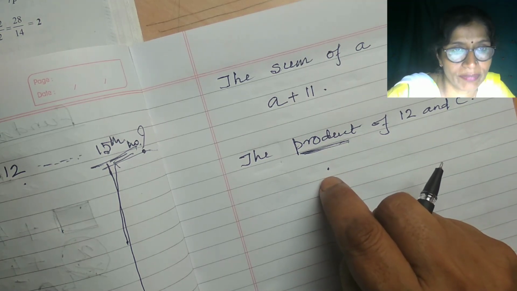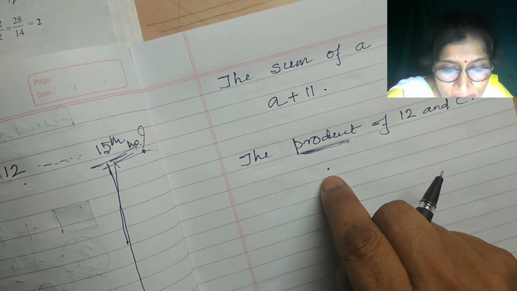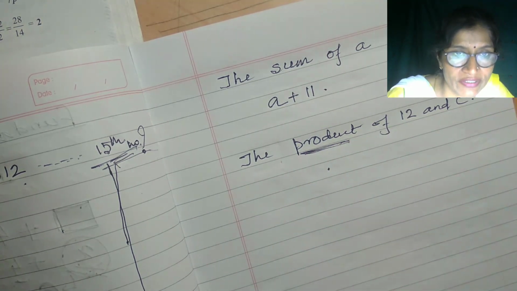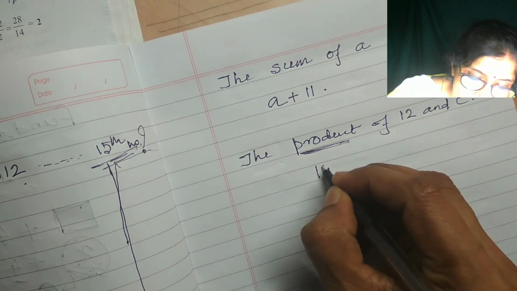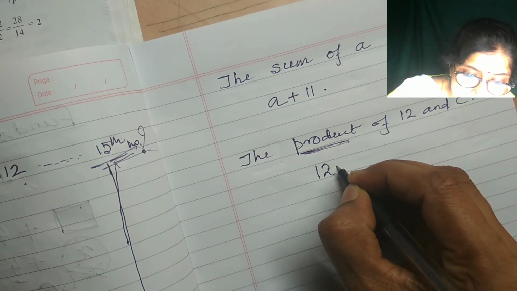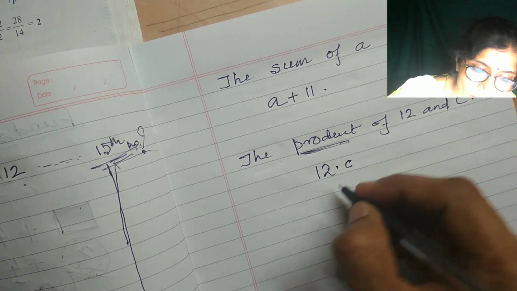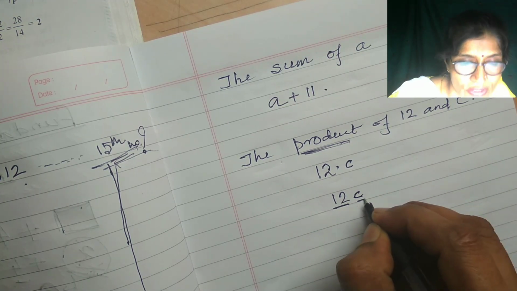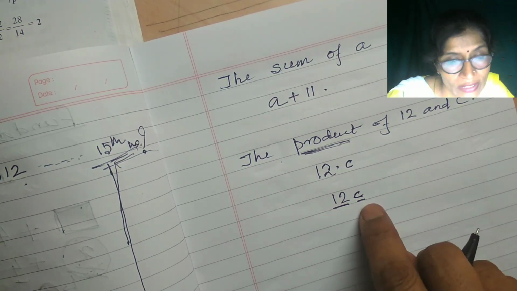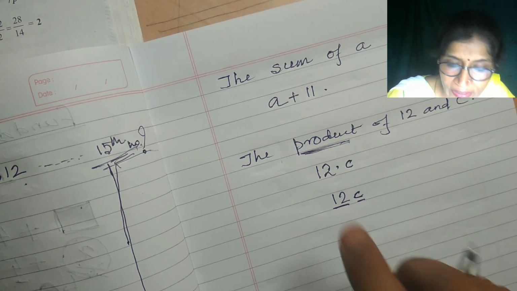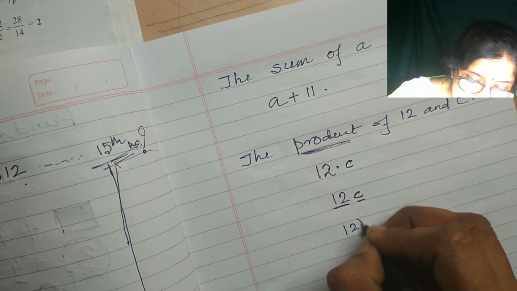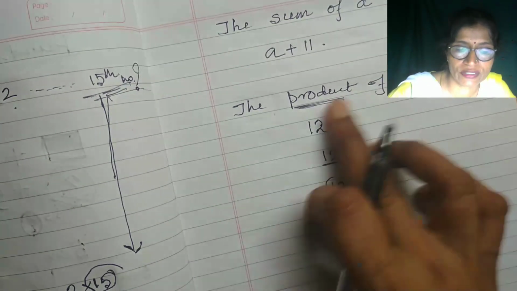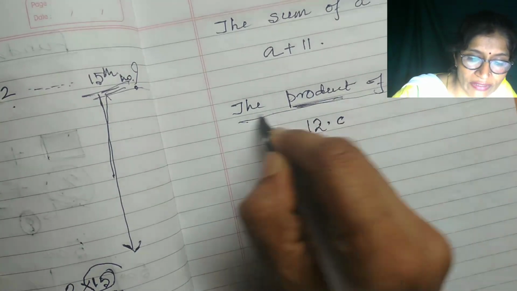In algebra, this is not representing a decimal. So the product of 12 and C I will represent symbolically as 12 point C. Or directly, if I write 12 and then C, this represents 12 into C. And you can even represent this as 12 bracket C. All are representing the product of 12 and C.